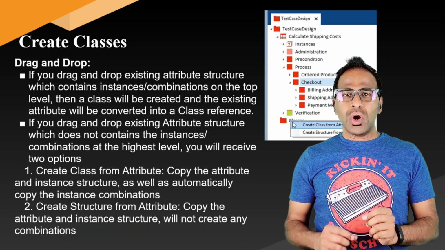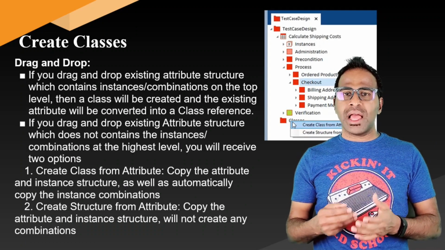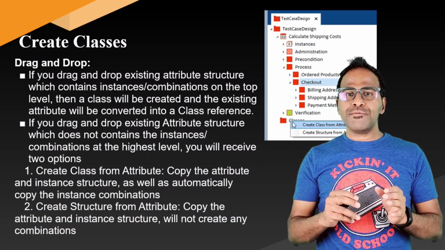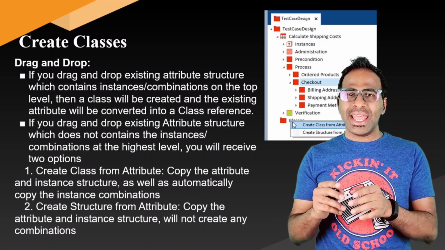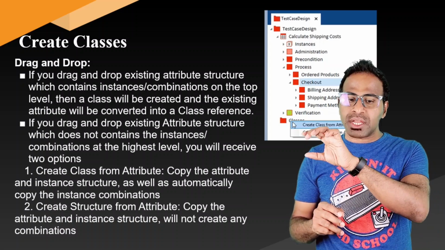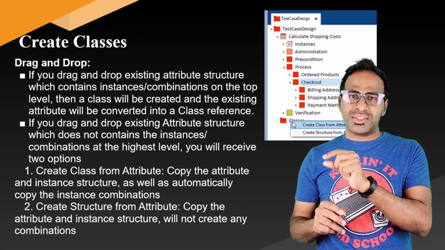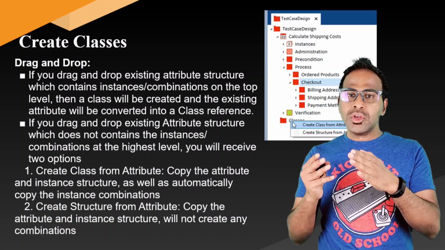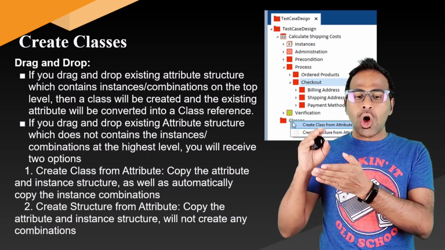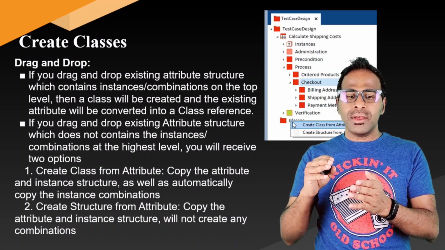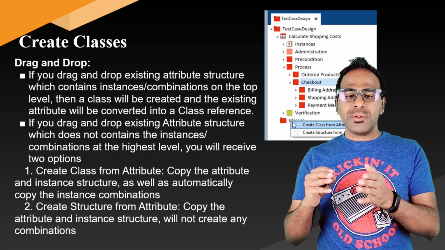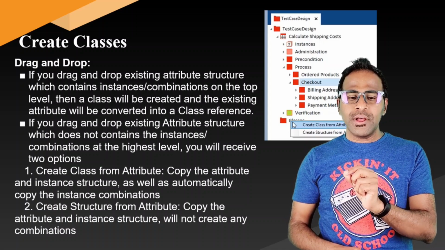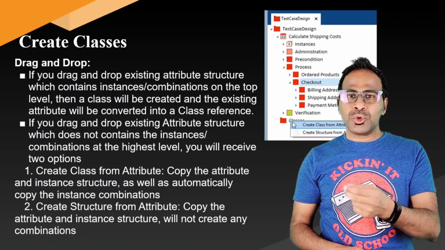So what is my second method of creating classes? The second method is drag and drop. If you drag and drop your existing attribute structure from your existing test sheet, which contains instances and the combinations at the top level, then a class will be created and the existing attribute will be converted to a reference.